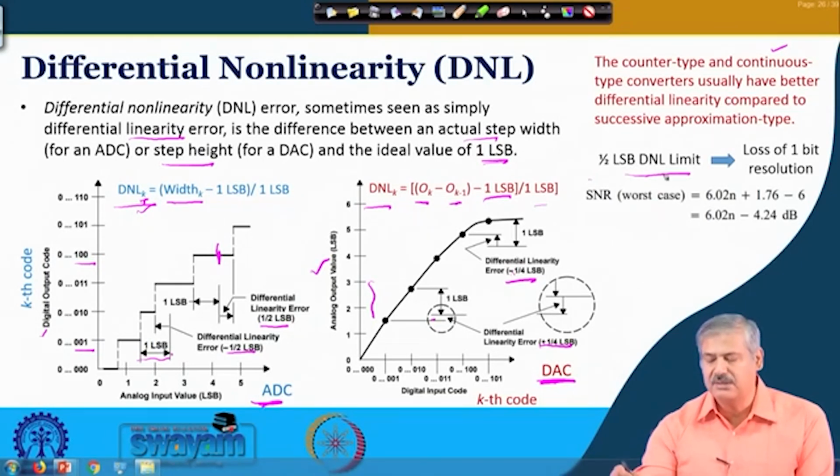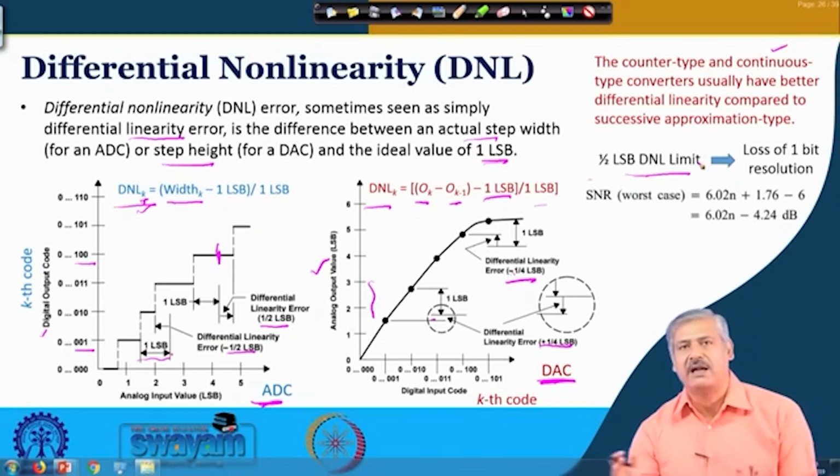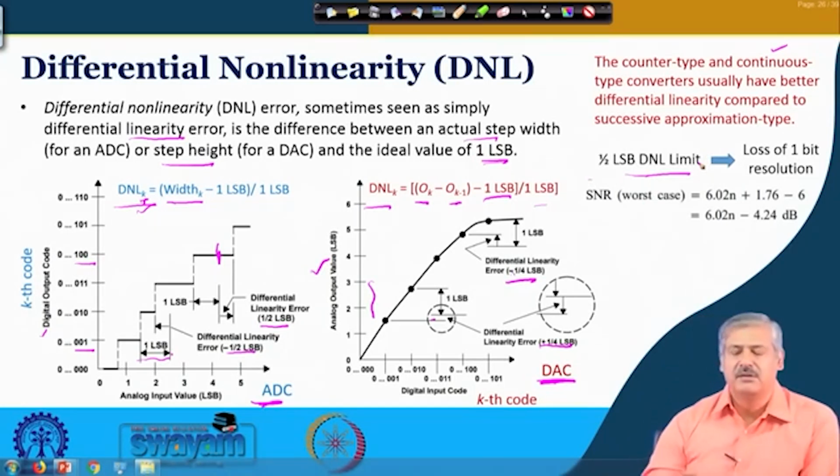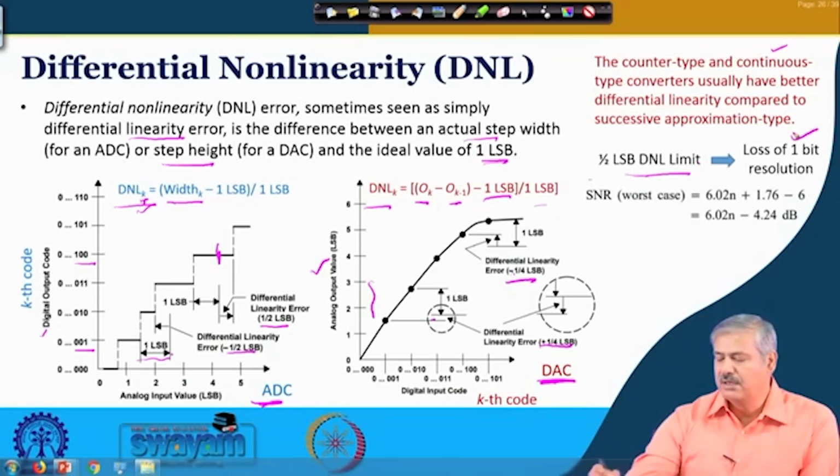Now DNL is adding another half LSB, so we have a 1 bit loss of resolution, compared to what we had considered for the quantization part.